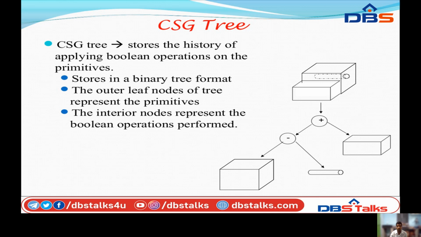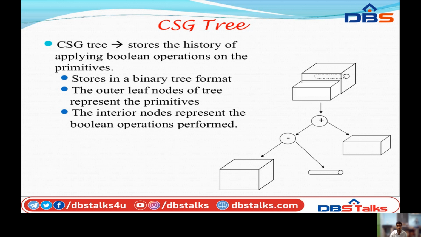For example, I am taking the first one, the top one, which is the faces, and next it consists of edges and vertices. The CSG tree stores the history of applying Boolean operations on the primitives.